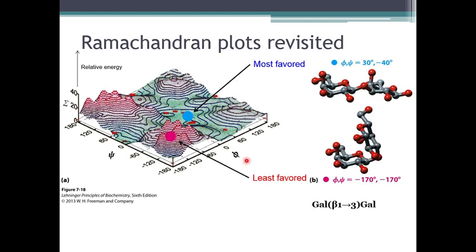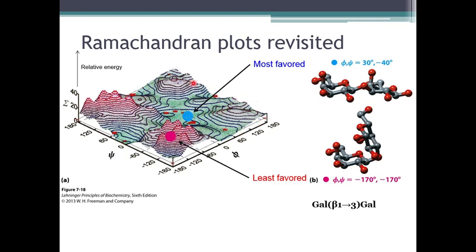Shown in this figure is a Ramachandran plot for the disaccharide Gal beta-1,3 Gal. Now the plot shown here is a three-dimensional plot. As you can see, psi is plotted against phi, and the third dimension represents the relative energy. A peak means a high energy, and a plateau means a low energy.